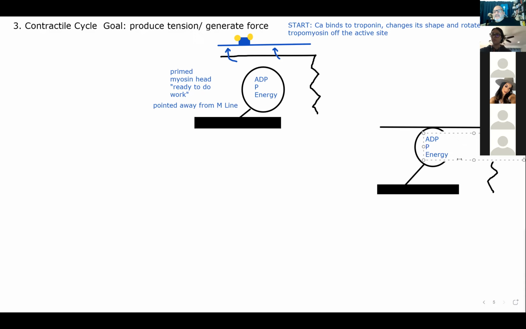With that binding site exposed, our myosin can attach to the actin. Right now, of course, this is anatomy and physiology. So can we just simply say that it attaches to the actin?